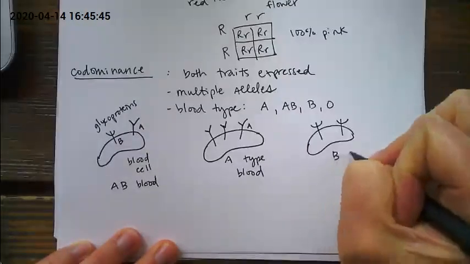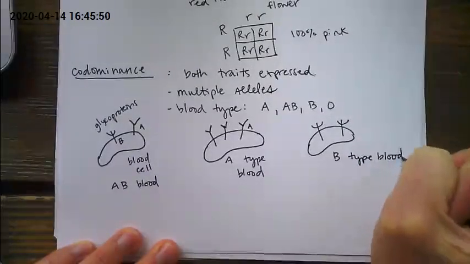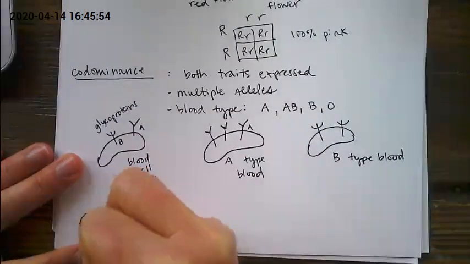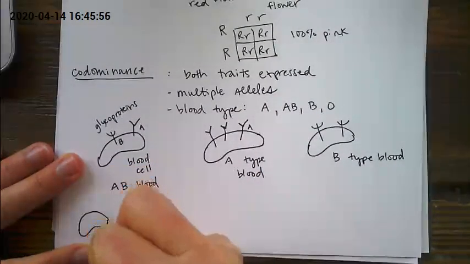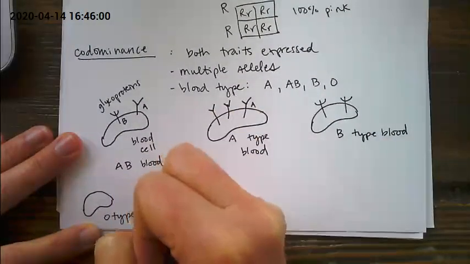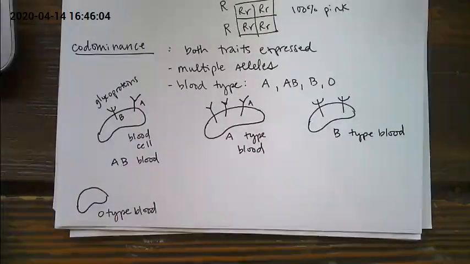This would be B type blood. And then the last cell is O type blood. And you'll notice that O has no receptors. So there are no receptors on O.